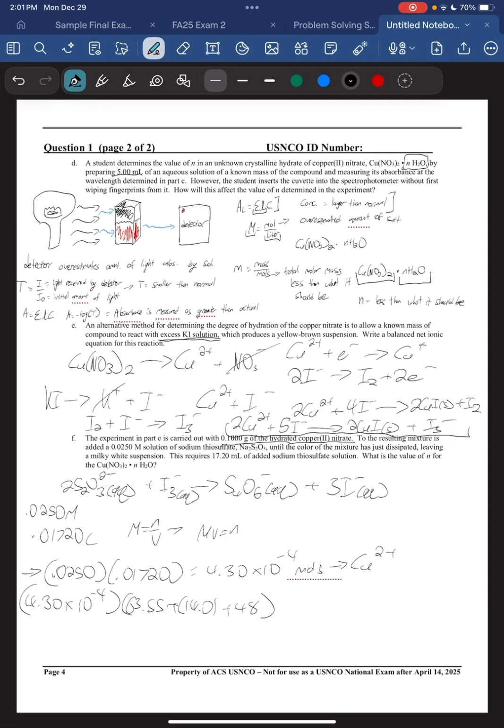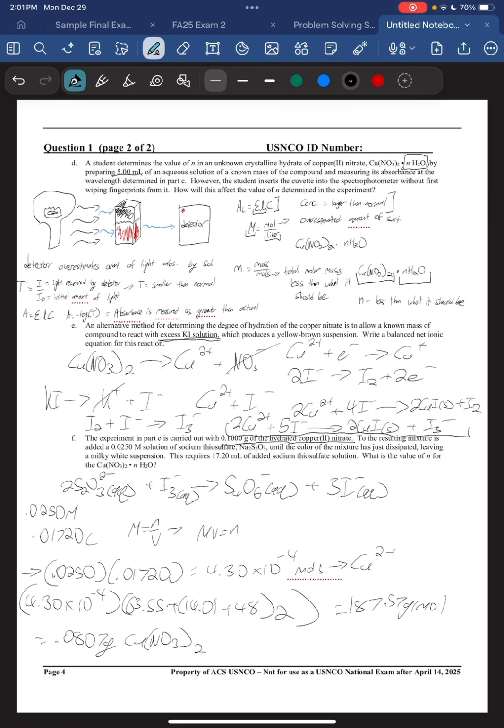And this is going to be times 2 because it's our Cu(NO3)2, and we should get a total molar mass of 187.57 grams per mole. And if we multiply this times our amount of moles, we will get 0.0807 grams of our copper nitrate salt.